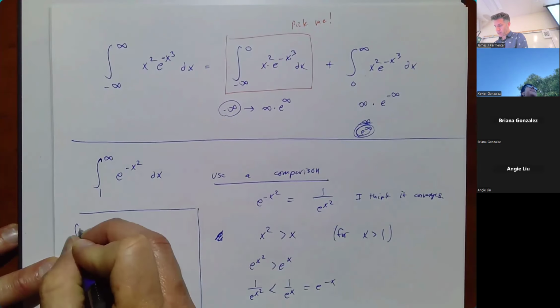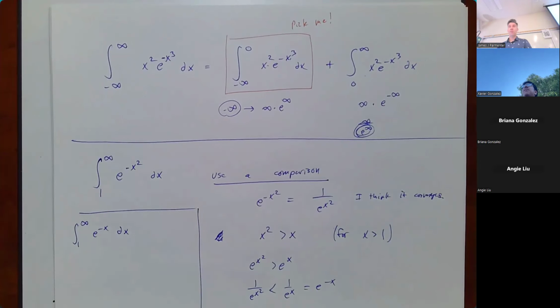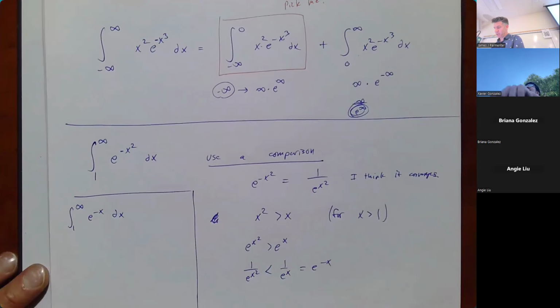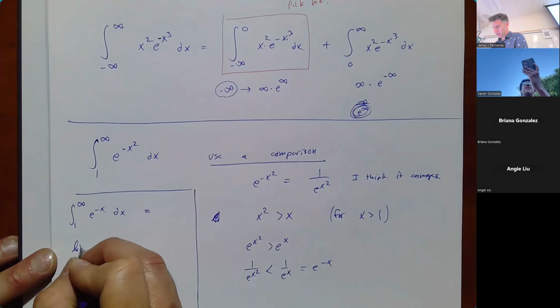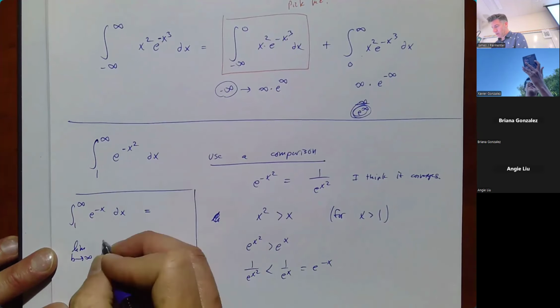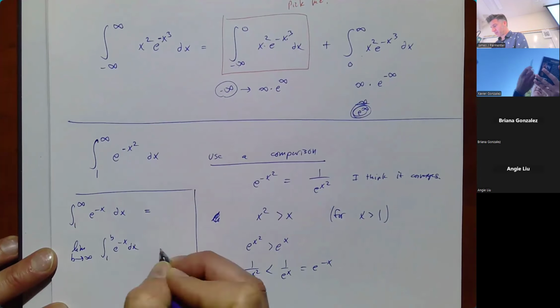the integral from 1 to infinity of e to the negative x. Still improper. We still have to do the usual improper things. That's going to be equal to the limit as b goes to infinity of the integral from 1 to b of e to the negative x.